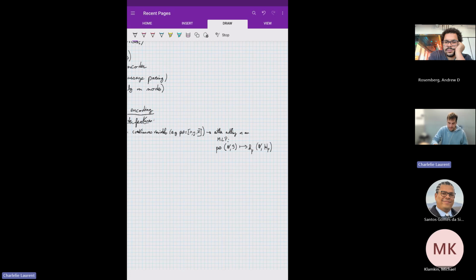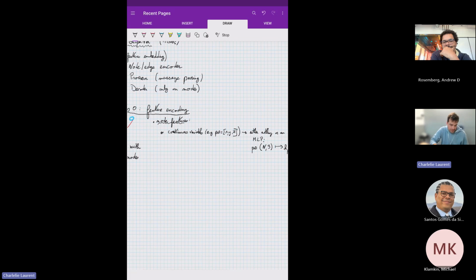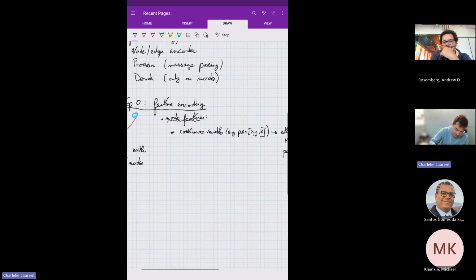You see that the MLP is applied to each node position individually, and position is just one of them. You can have any kind of continuous features. For example, in the CFD example I mentioned before, you'll have the velocity, the pressure, the temperature. Those are also continuous variables.